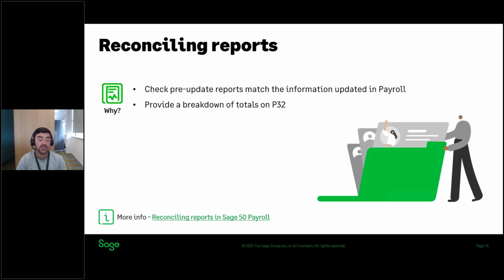So main reasons for doing report reconciliation is checking that your pre-update reports that you've used when paying your employees match the information that was actually updated in payroll. So making sure nothing changed in between paying your employees and updating the records. And it also helps provide a breakdown of the totals on your P32.